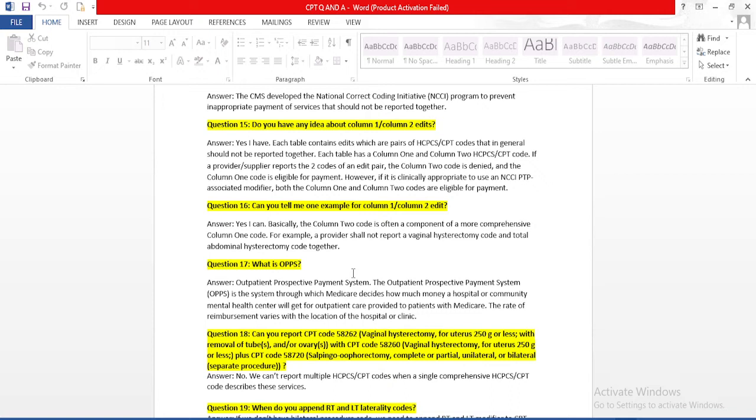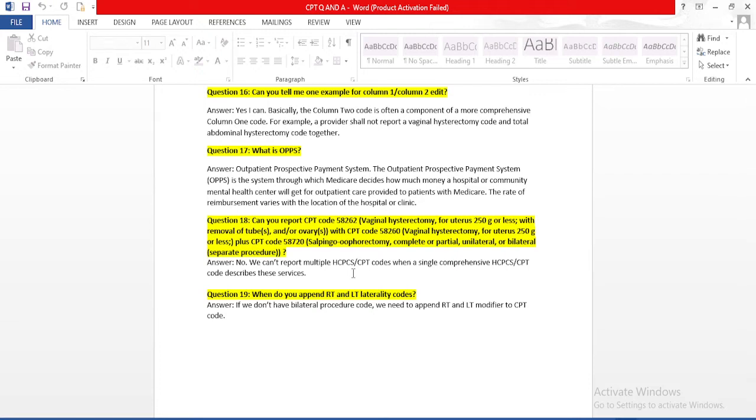So whenever there is coding of a comprehensive and a less comprehensive code, column 1 contains the complex procedure and column 2 contains the less complex procedure. You can call column 1 comprehensive and column 2 less complex or non-comprehensive.